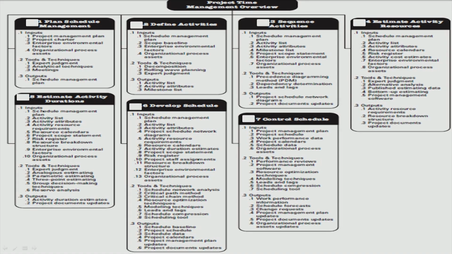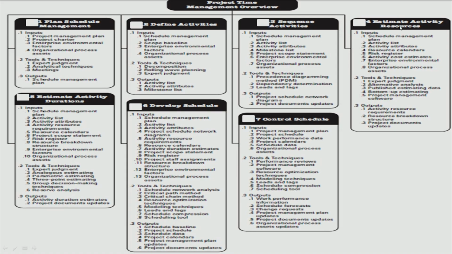Let us look at what are the tools and techniques of sequencing activities, right. So, it is called precedence diagramming method, you have got dependency determination and leads and lags. We will discuss in detail leads and lags, right, and at the end of the day you will get project schedule network diagrams, right.